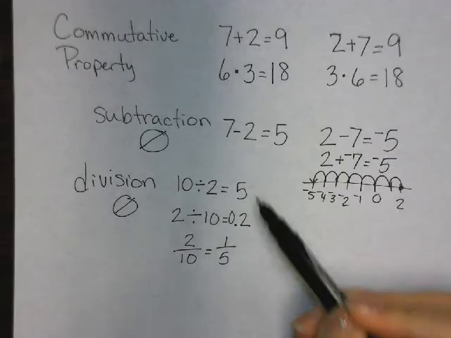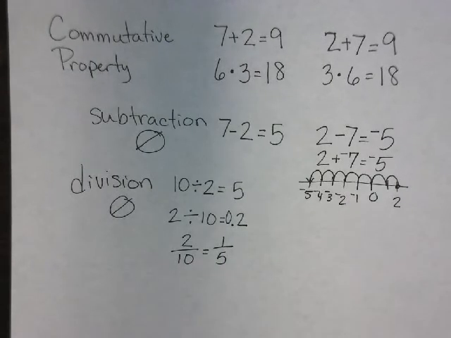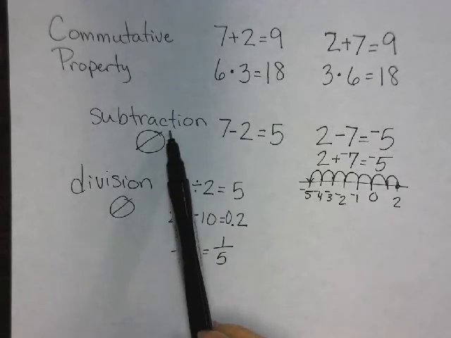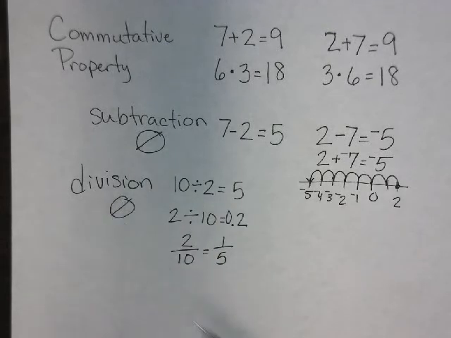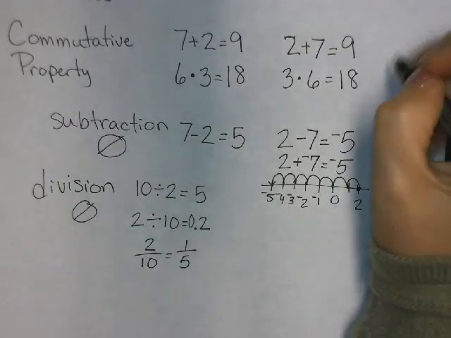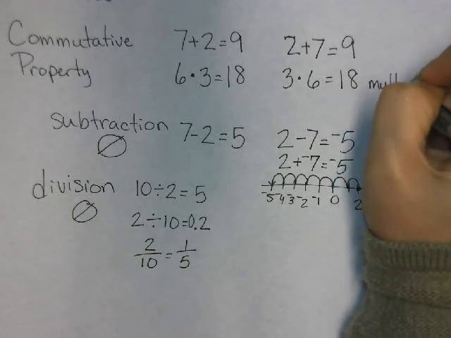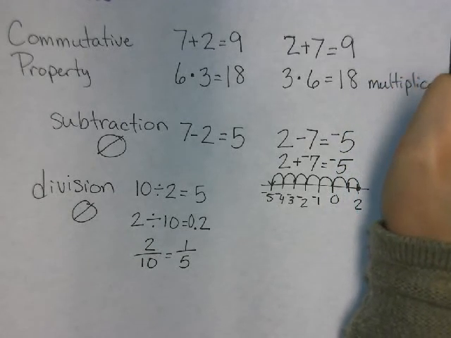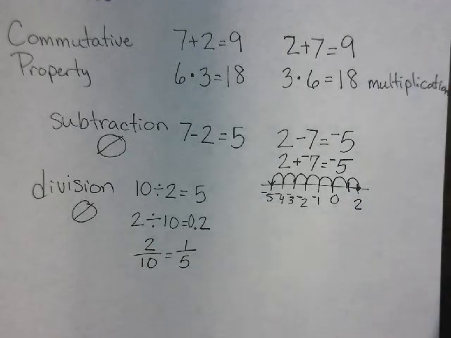These answers are not the same as my original, which means the commutative property does not work for subtraction or division. It only works with multiplication and addition.